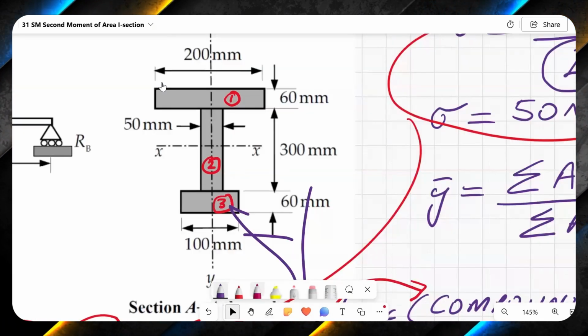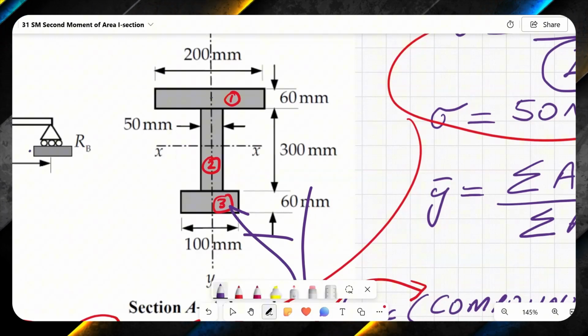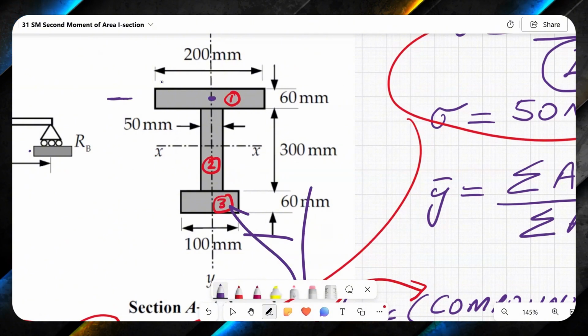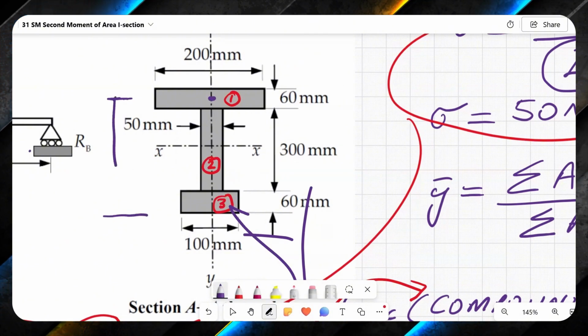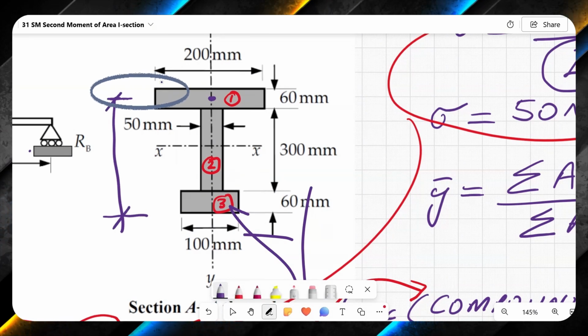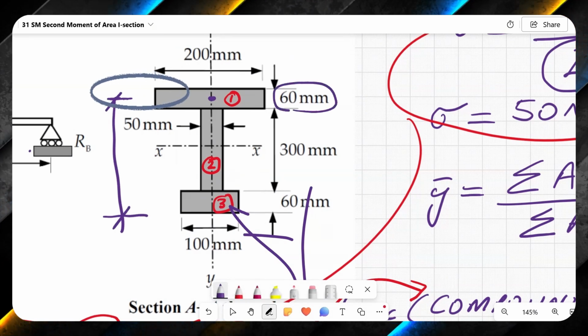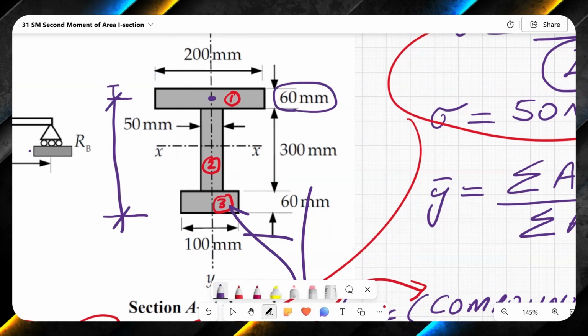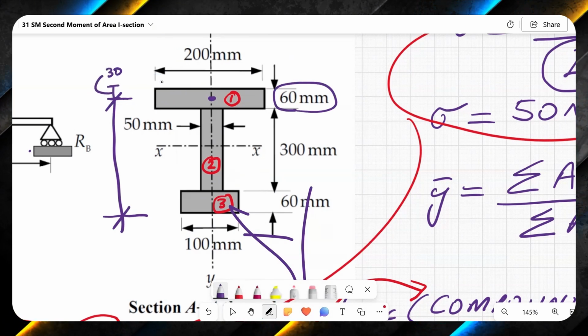If I come over here, y1 will be equal to distance from center of this area all the way to bottom. So I need this distance, and to find this distance I need half of this distance, which is half of 60, 30.